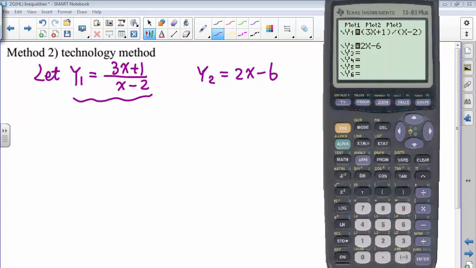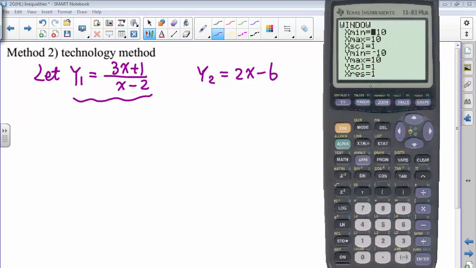Let's turn on the graphing calculator and put these two functions in. When you put the first function in, make sure you put in a pair of brackets on the top and a pair of brackets in the bottom. Then do dividing. The second one is 2x minus 6.